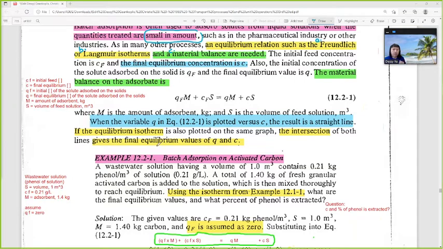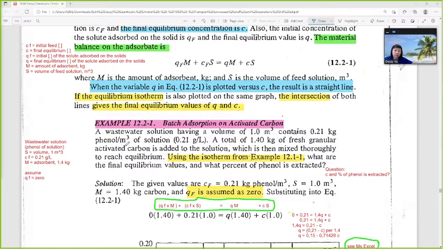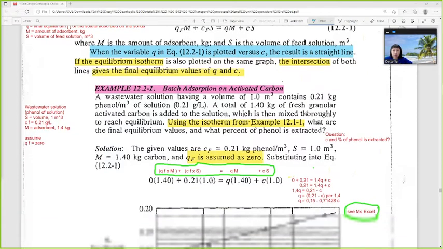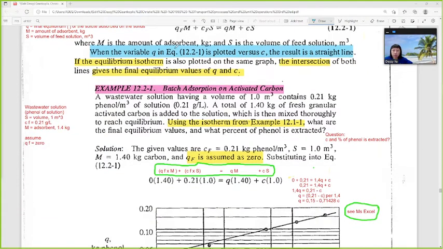Okay, here is example 12.2-1 about batch absorption on activated carbon. From this statement, we knew about a wastewater solution, here a phenol solution.